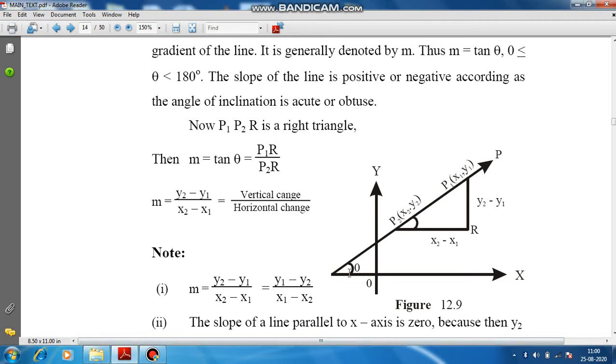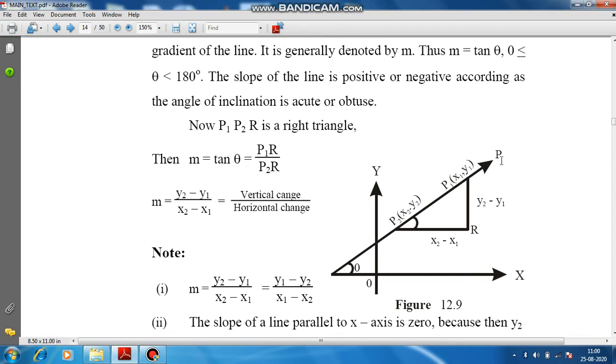Suppose theta is the positive angle made by this line with the x-axis, and this is theta not 0. Then tan theta is called the slope of this line.